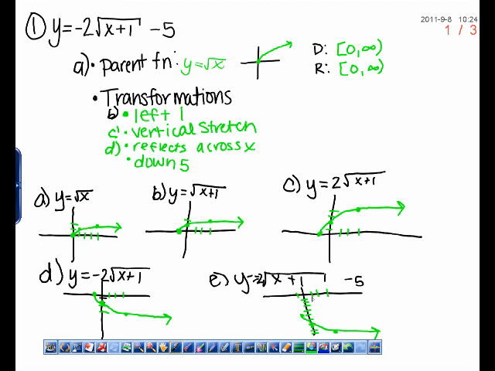Okay. This is our final graph. This is y equals negative 2 times the square root of x plus 1, all minus 5. What's the domain of this new graph? Negative 1 to infinity. What's at negative 1? Bracket. What's the range of this new graph?